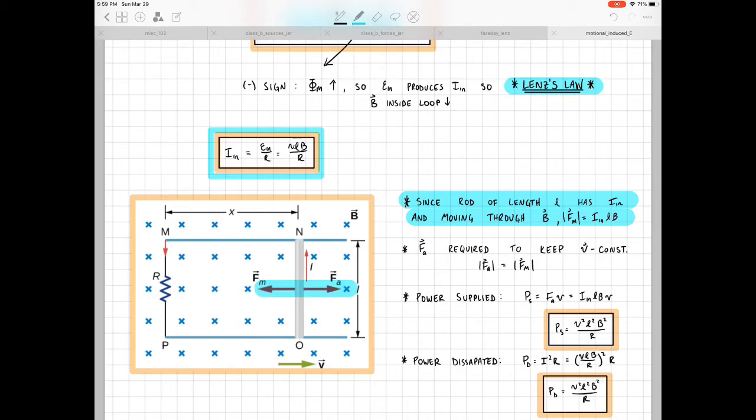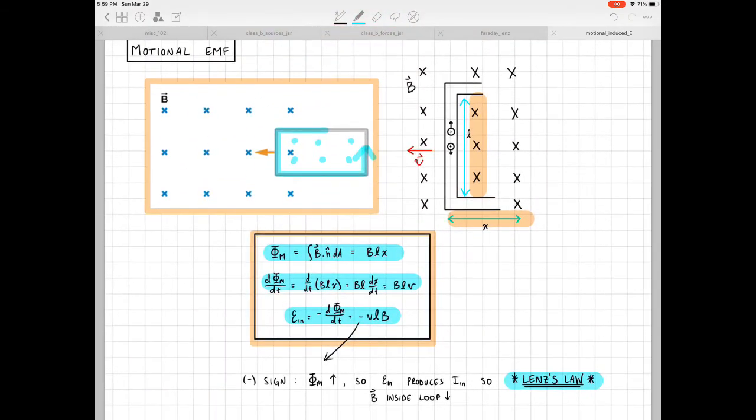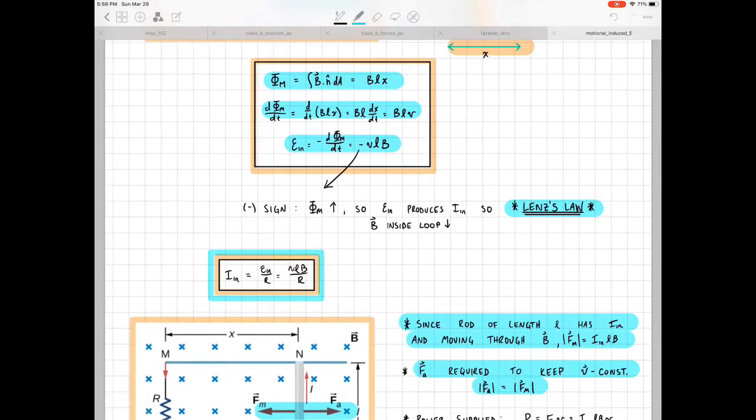So this part right here. Again, that applied force is what's needed to keep v constant, and that is sort of hidden up here. It's not actually clear that there needs to be a force applied to keep this v at a constant value, but it turns out that that is the case.